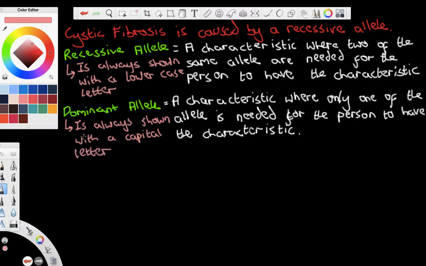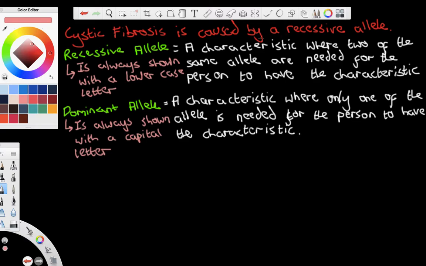So what we've said is that a recessive allele is a characteristic where you need two of the same allele to have the characteristic, whereas a dominant allele is one where you only need one of the letters to have that characteristic. Cystic fibrosis is caused by a recessive allele.